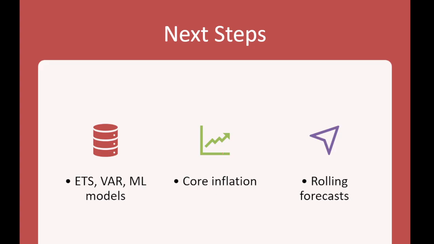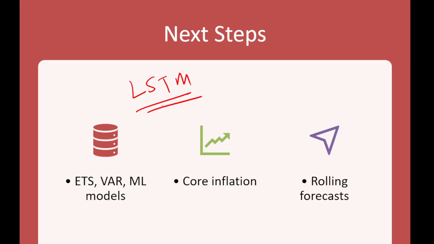One other thing you could do is that don't just use one model, use multiple models and see which model is actually performing the best on the test data set. You could also use machine learning models to do the forecasting for inflation. Not many people use machine learning models for time series forecasting, but do use that and see if it is doing a good job on the test data set, and then compare it with the performance of the traditional ARIMA or SARIMA model and see which one is doing better.